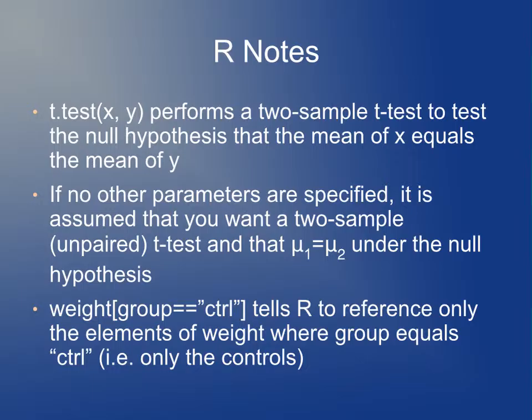And the syntax where I said weight, bracket, group, equals, control, that tells R to reference only the elements of weight where group is equal to CTRL, that is, only the controls. If I change control to treatment 1, then it gets me only the observations in treatment 1.